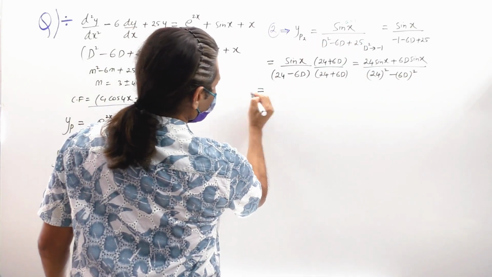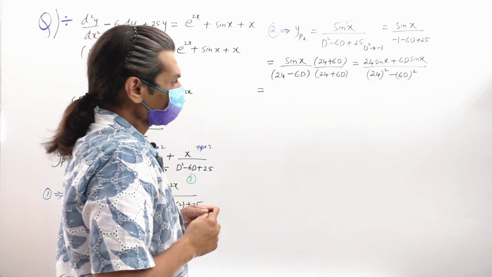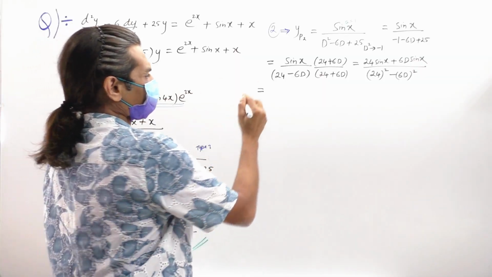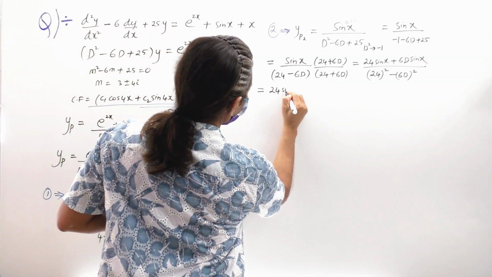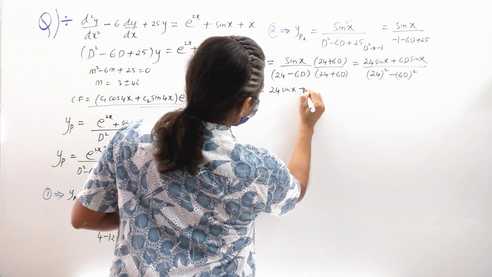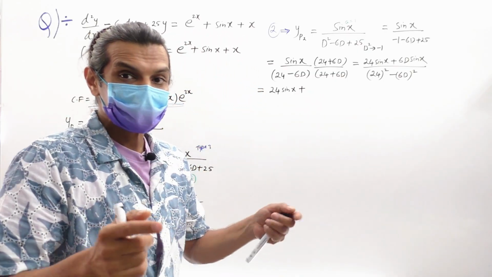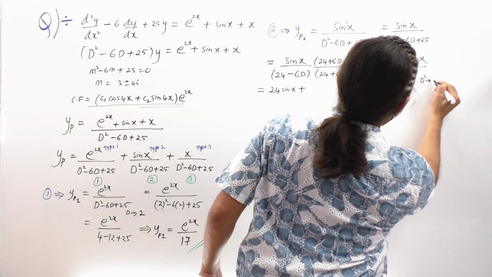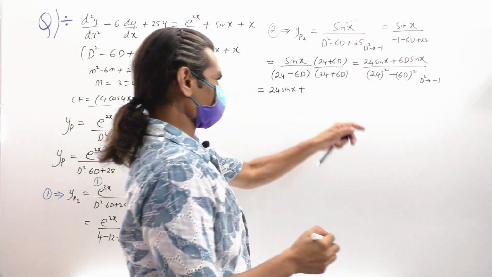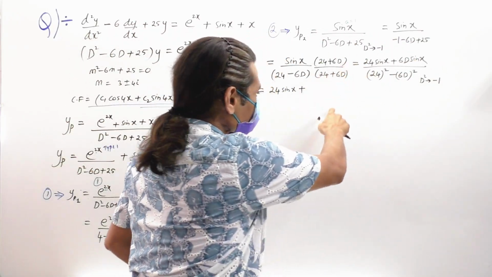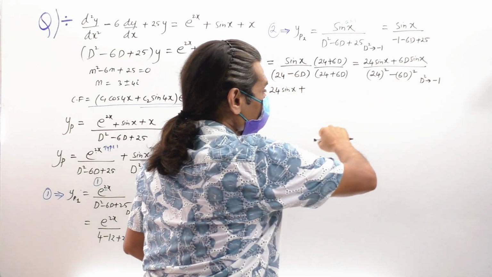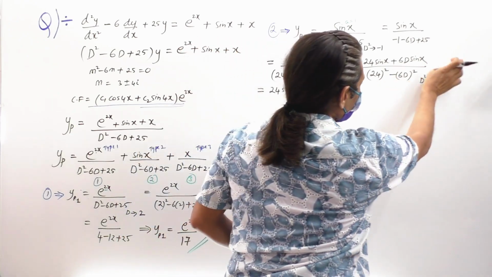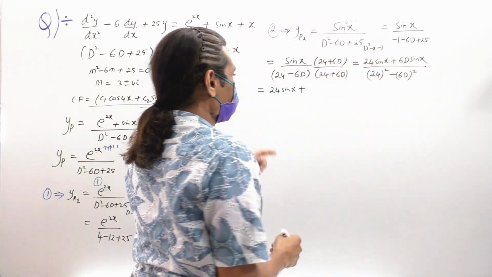So, 24 sin x plus 6 into d means differentiate. Again here replace d square by minus 1. Okay, I forgot it. When I rationalize, I get a d square term here, 6 square d square. So, better I will write the next step for you, so do not get confused.